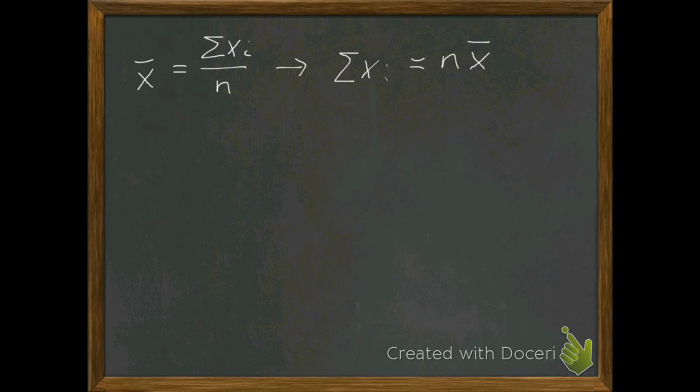And I think we've looked at this before, that the sum of our x sub i's minus x bar, quantity squared, can be expressed as the sum of xi squared minus n times x bar squared.